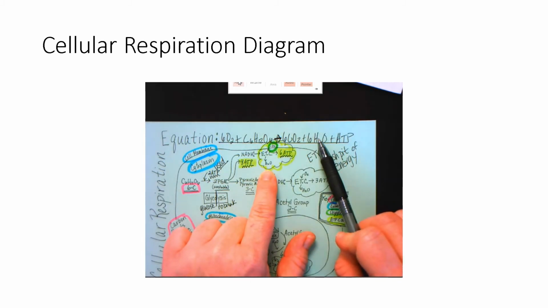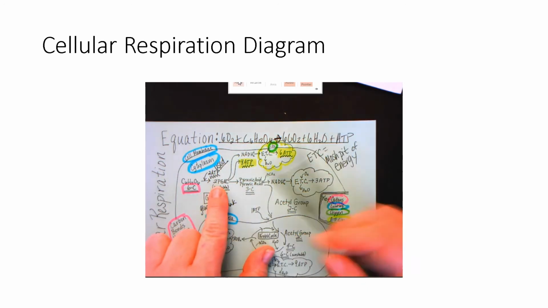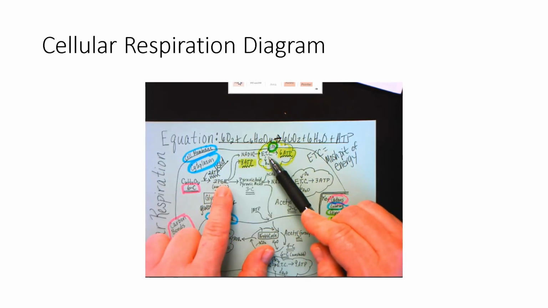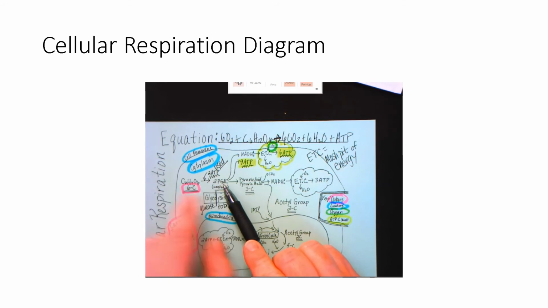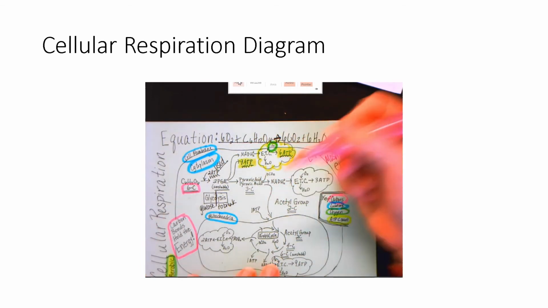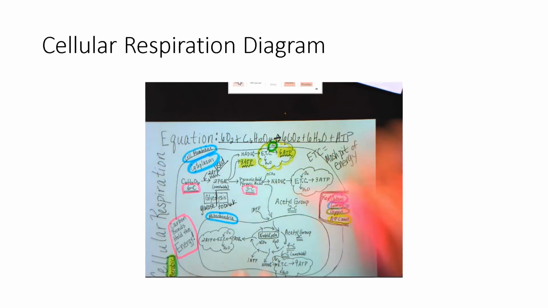Bam. H2O, right? Okay, so I told you when the unstable PGAL breaks apart, 3 things happen. 4 ATP, our first electron transport chain, and the third thing is that glucose molecule is being broken down into 2 pyruvic acids. Tracking our carbons, how many does each pyruvic acid have? 3. It's getting smaller, right?